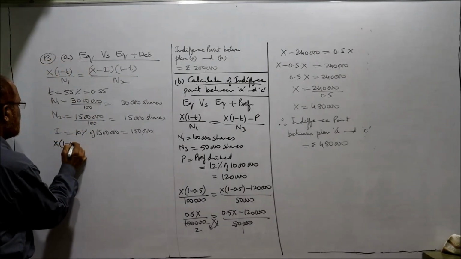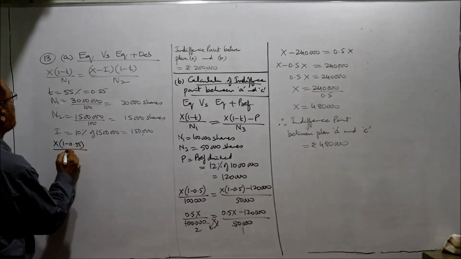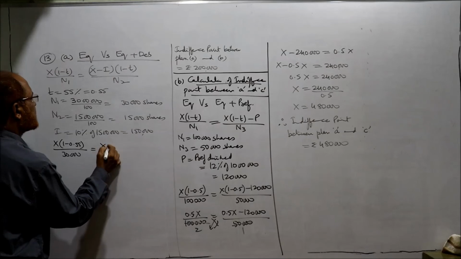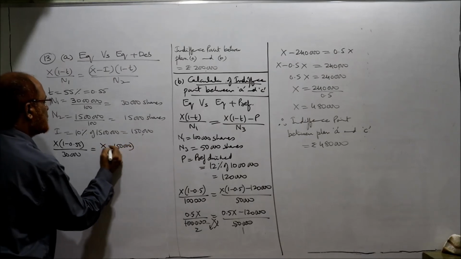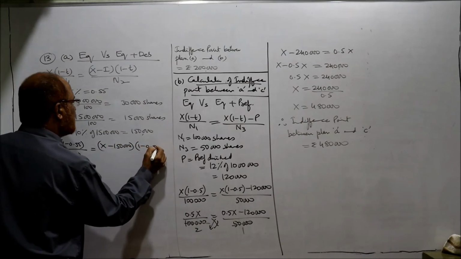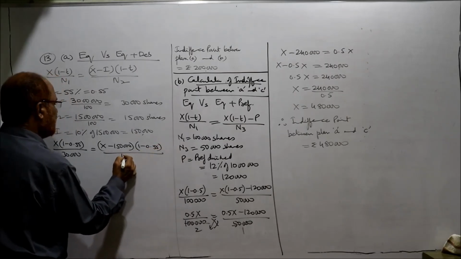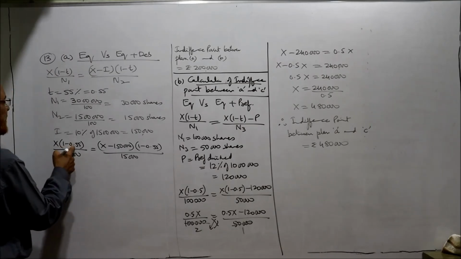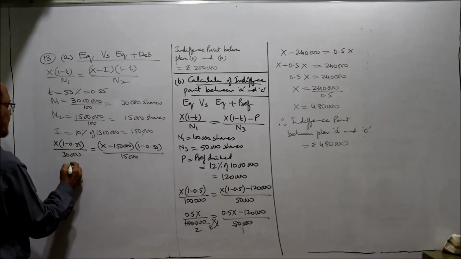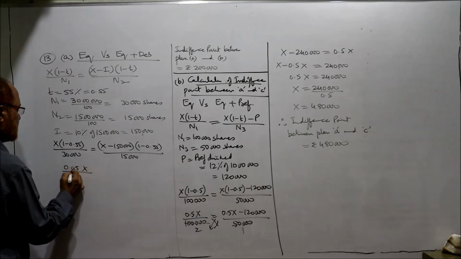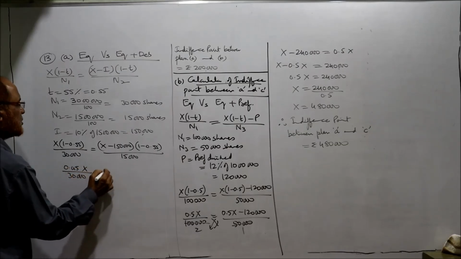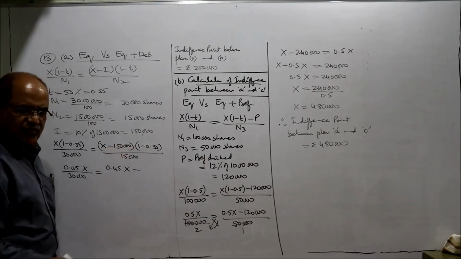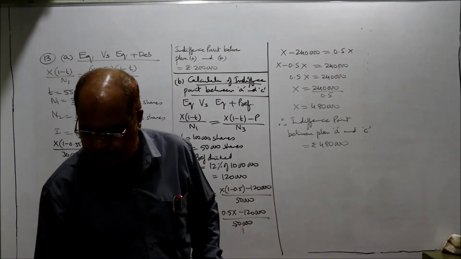Now we can substitute. x into 1 minus 0.55 divided by 30,000 is equal to x minus 1,50,000 into 1 minus 0.55 divided by 15,000. So now 1 minus 0.55 is 0.45. So 0.45x divided by 30,000 is equal to 0.45x minus 0.45 into 1,50,000.